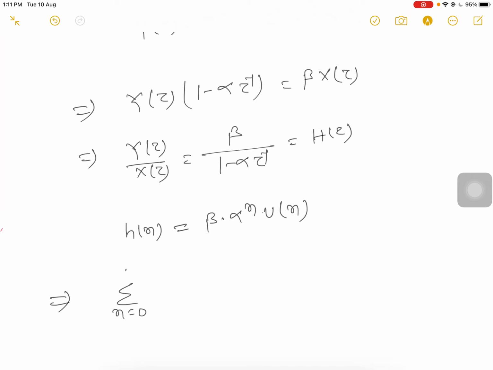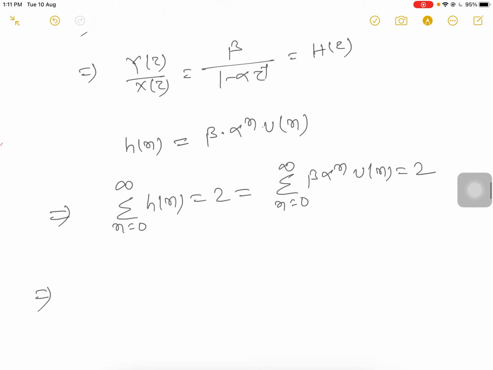Compare with the condition: summation from n equal to 0 to infinity of h(n) is equal to 2. So the summation from n equal to 0 to infinity of beta alpha^n u(n) equals 2. Then what will happen?